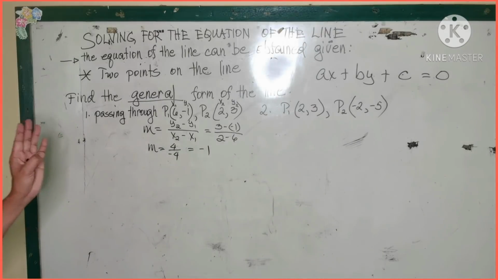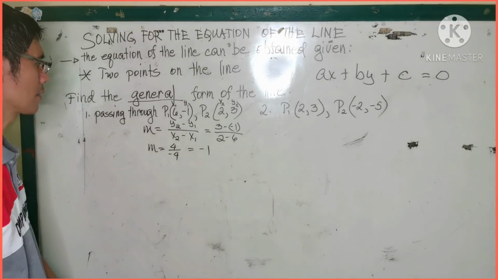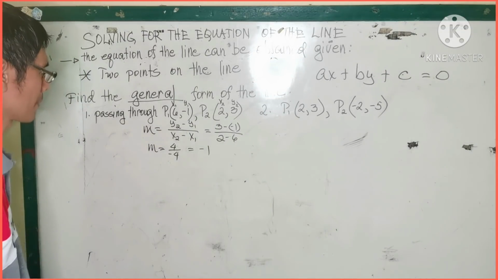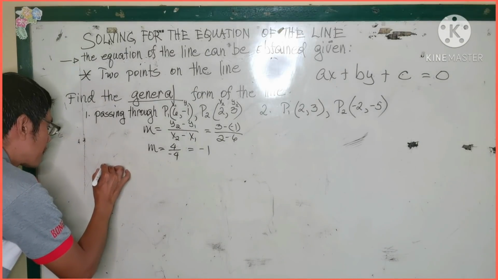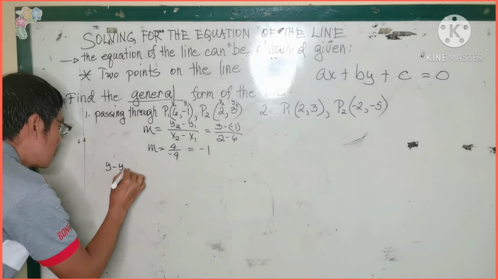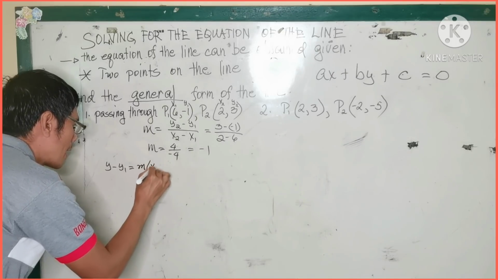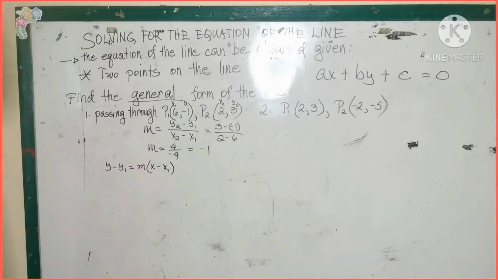So since we know already the slope, we can now make use of the point-slope form. So point-slope form, that is y minus y sub 1 equals m times x minus x sub 1.